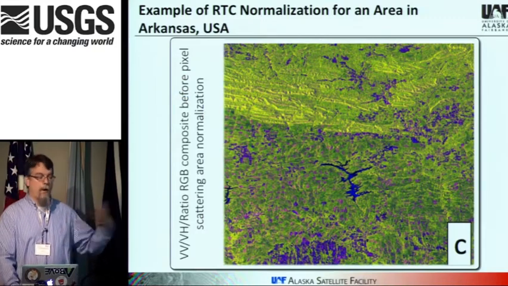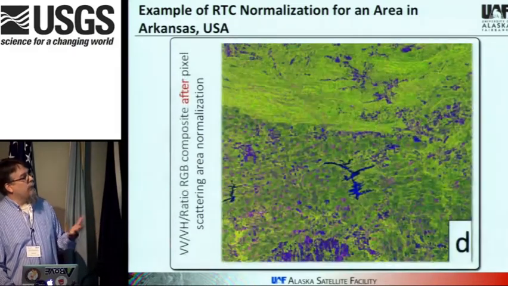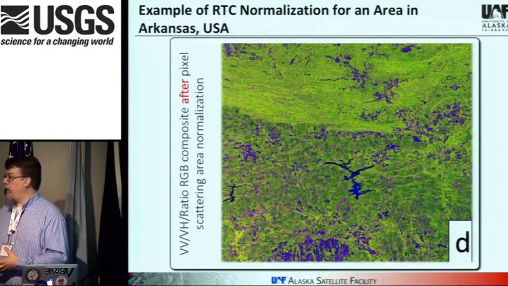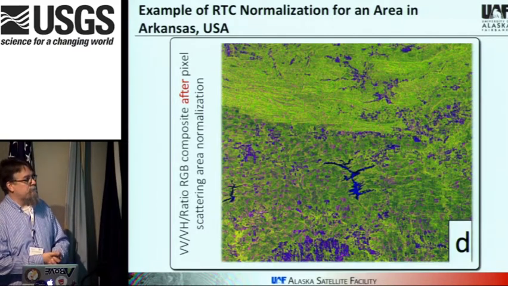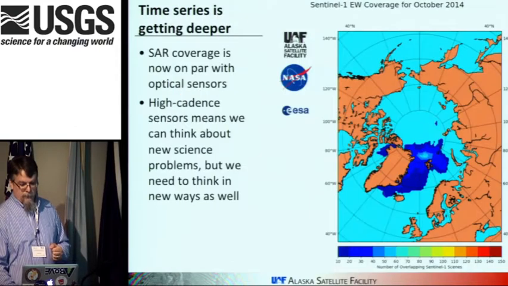So a lot of the brightening on the near side, the darkening on the far side. We also correct for geolocation. And this is now a product that somebody could actually use where you can say, oh, I can make a measurement from this product and understand what it means. And that's where we're heading on a grand scale, hopefully.